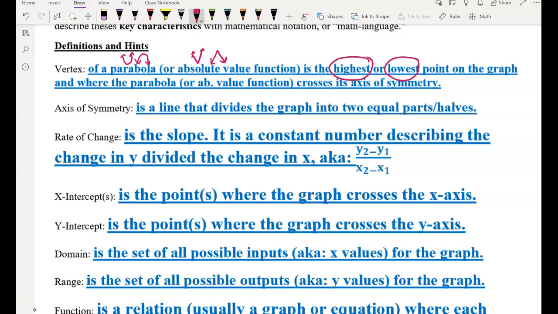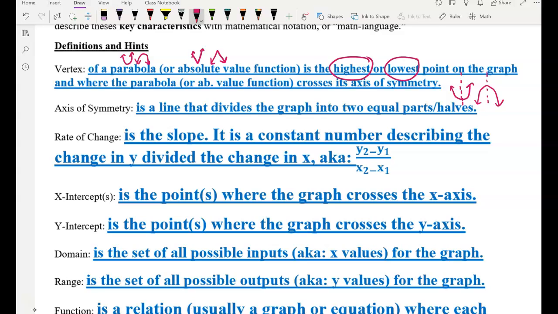So now the second definition is axis of symmetry. What is an axis of symmetry? Now in a parabola, an axis of symmetry is going to be a line that cuts it directly in half. So that means the left and the right will be exactly the same. Similarly if we were to have an upside down parabola.